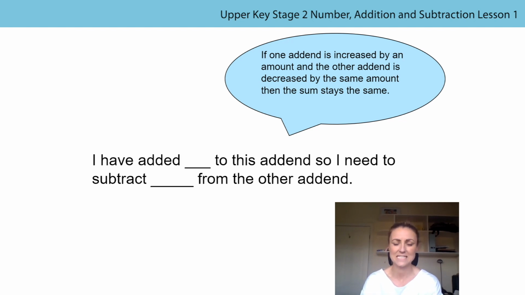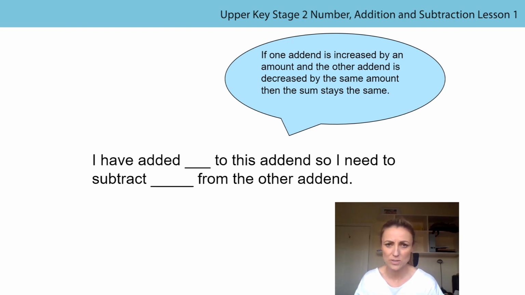And this stem sentence we've used a few slides ago, and we're going to use that throughout, because this is going to help you to redistribute your addends in order to calculate more easily. I added to this addend, so I need to subtract from the other addend.